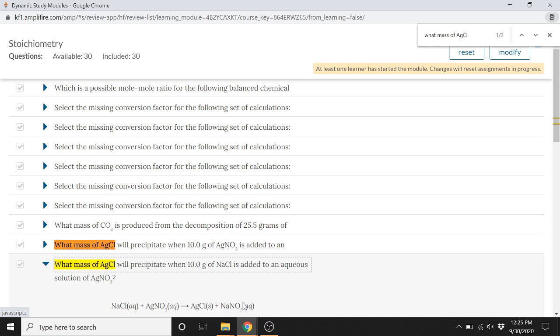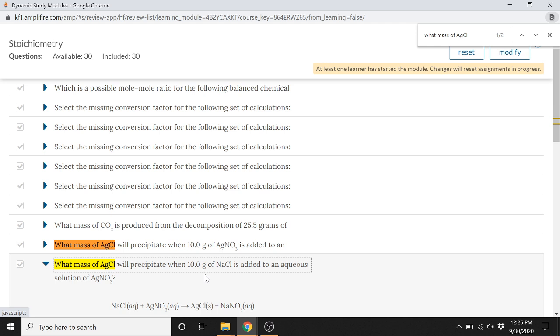And so again, this is just a basic stoichiometry problem. You're looking for, question mark, the mass of AgCl, right? So question mark grams AgCl. What you have been given is 10 grams of NaCl.